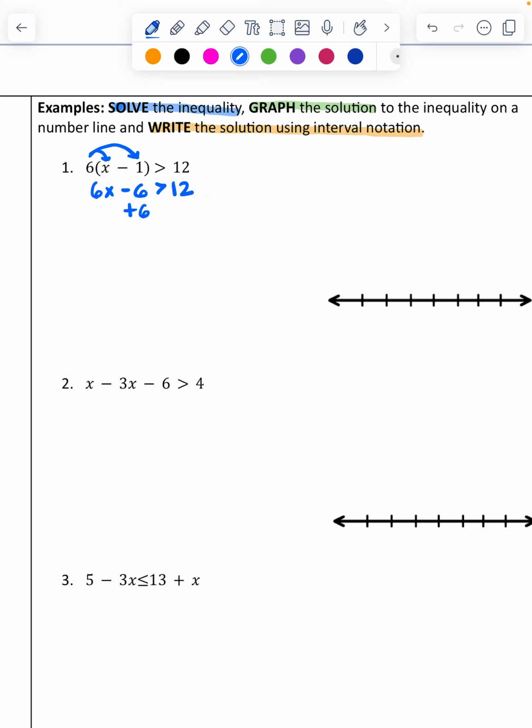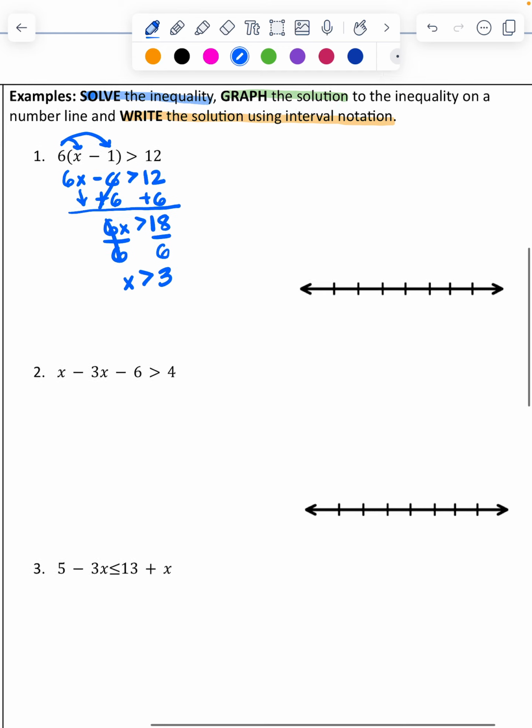Add 6. So now I have 6x is greater than 18. Divide by 6. I'm not going to flip the inequality because I'm dividing by a positive number, so nothing changes there. My answer is x is greater than 3.